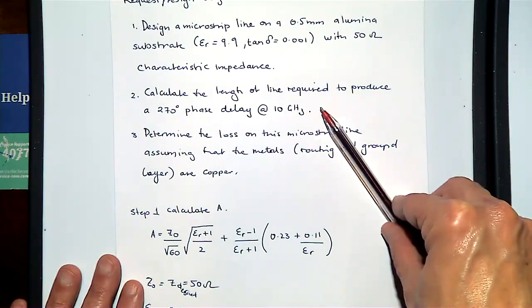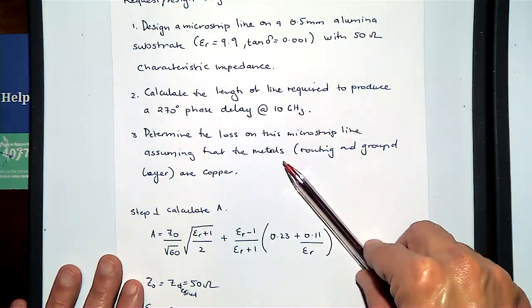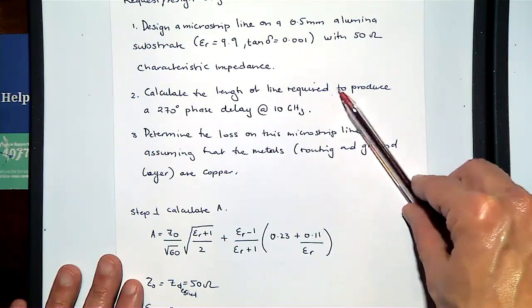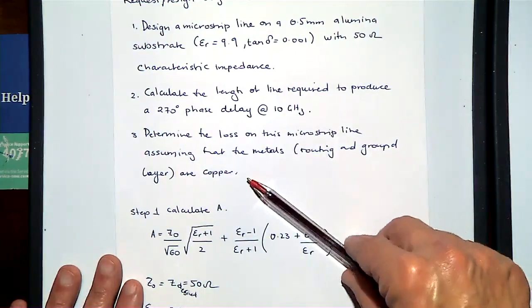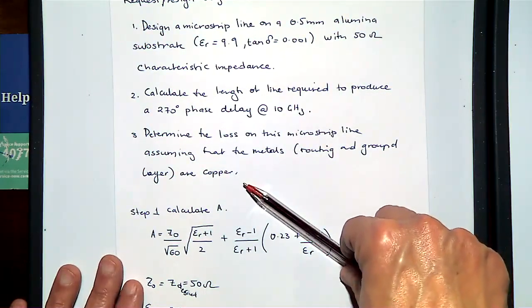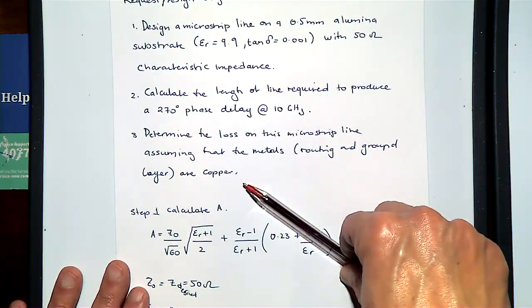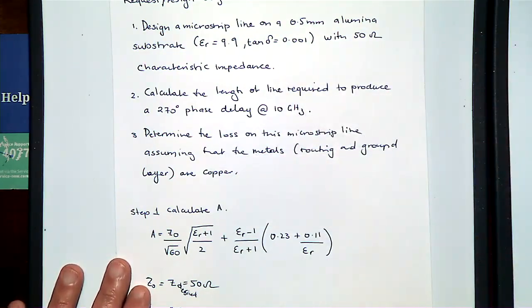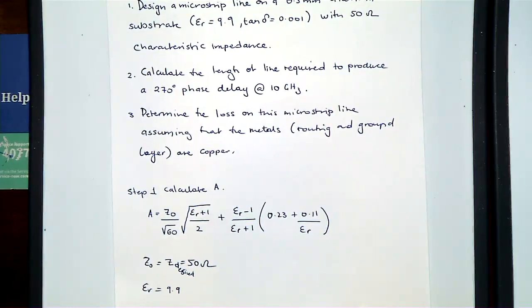And then they might also ask, for this particular length of line, what is the loss that I am expecting? Okay, this is a usual design problem, right? This is a very standard design problem.